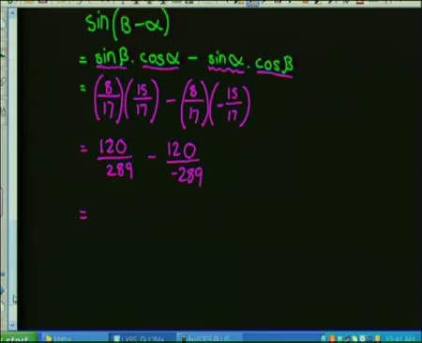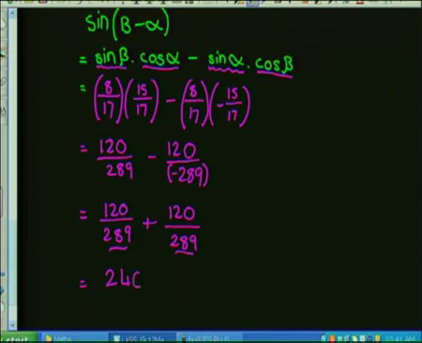Now, this over here, I recommend that you do not write that. And if you do, keep that in a bracket so that in your next step, you can see that when you've multiplied these two, you're going to get a positive answer of 120 over 289, which then simplifies, because our denominators are the same, we're going to get 240 over 289.